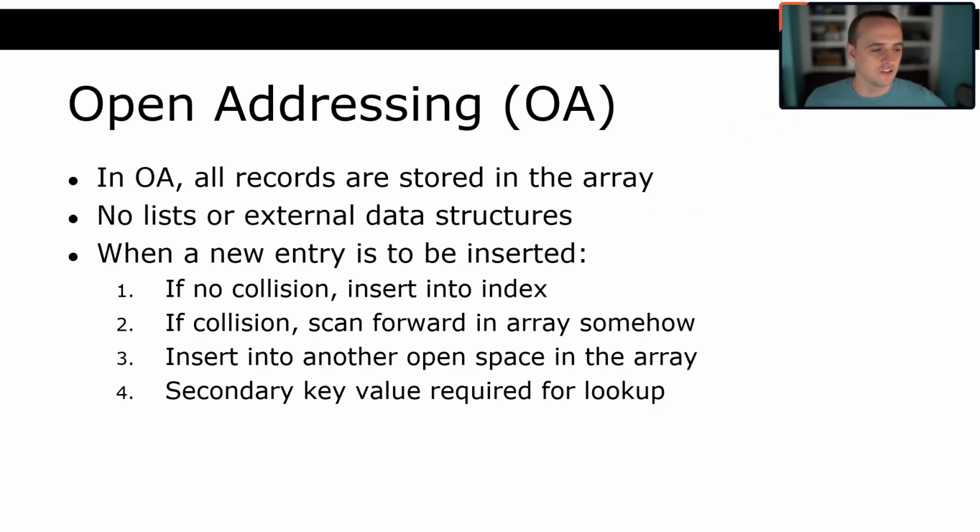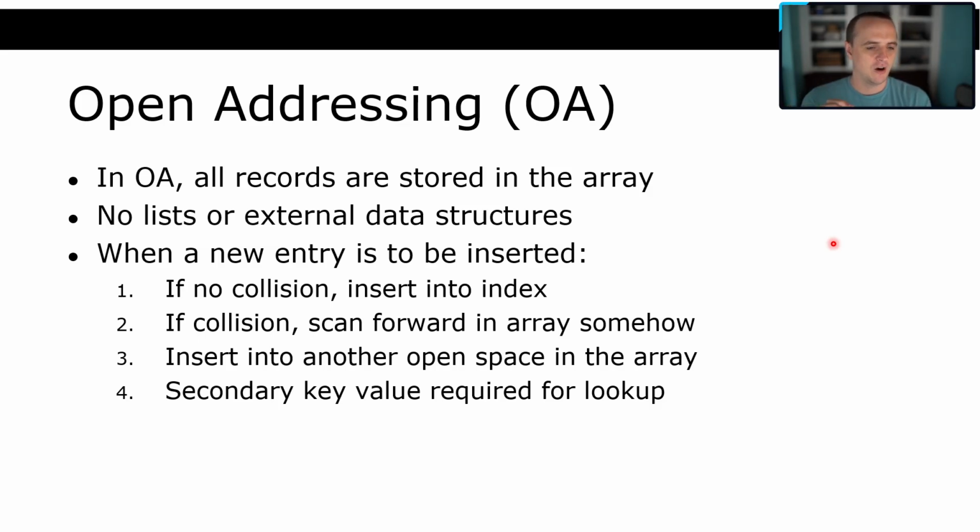So like when John Smith was the first one calculated, we just put his name into the list, or his phone number. However, if there is a collision, we're going to scan forward in the array somehow. That has some rule, which we'll talk about in a bit. And then we're going to insert it into another open space in the array.